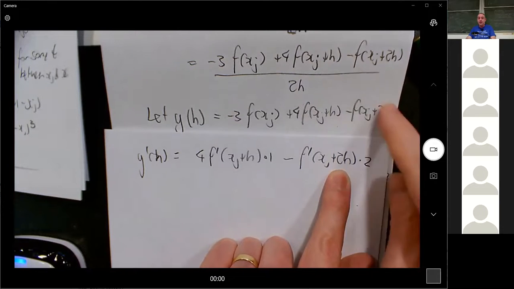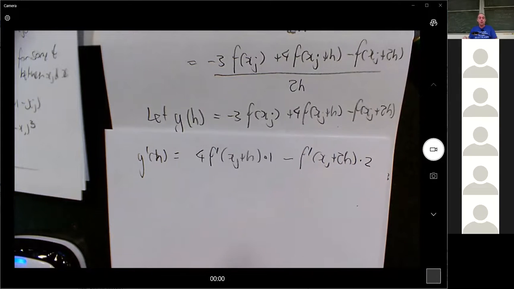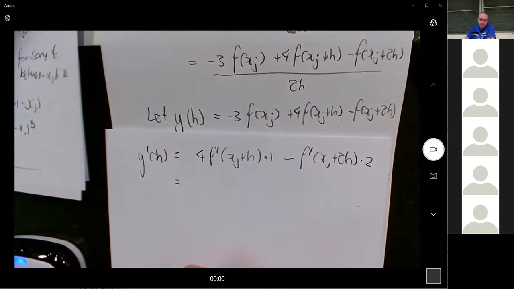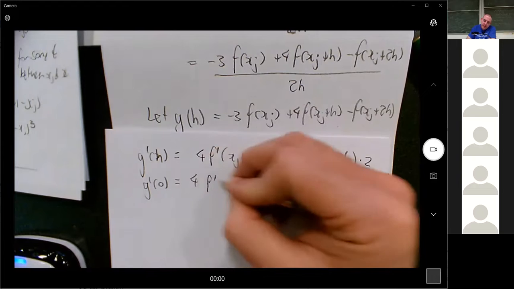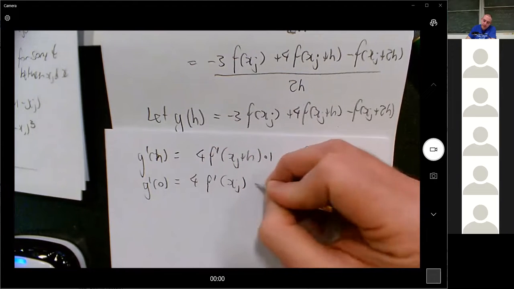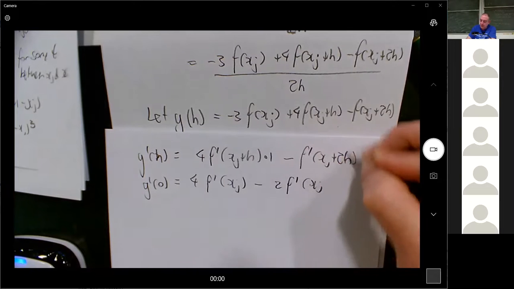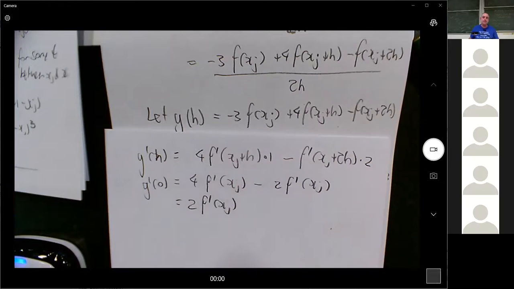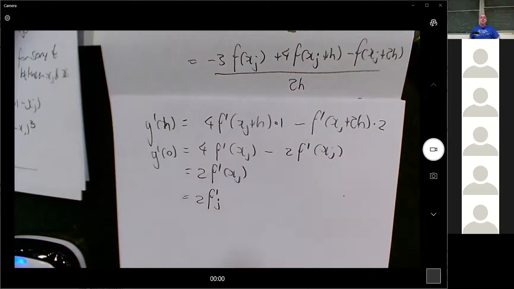I did the chain rule on this thing. Derivative of the outside is f dash, derivative of the inside is 2. And so g dashed of 0 is 4f dashed of xj minus 2f dashed of xj plus 0. And so that is 2f dashed of xj, which is 2f dash j. That's what g dashed of 0 is.